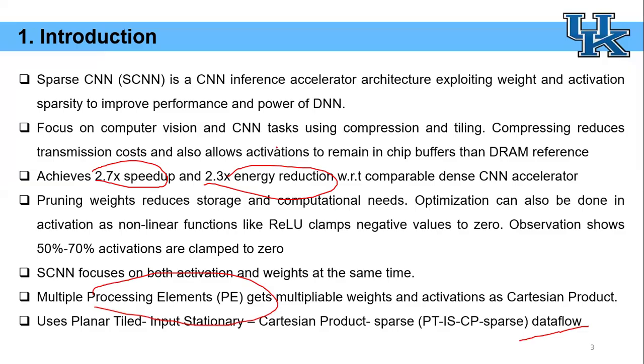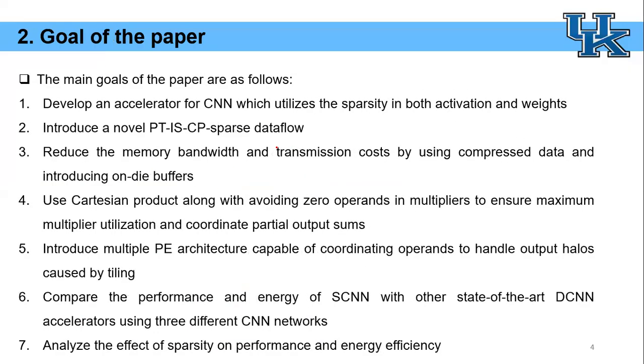So the main goal of the paper is obviously to develop an accelerator for CNNs which utilizes the sparsity in both activation and weights. It introduces a novel data flow for that, and then it reduces the memory bandwidth and transmission cost using compressed encoding techniques. The Cartesian product does two things. The first is that it avoids zero operands for multiplication.